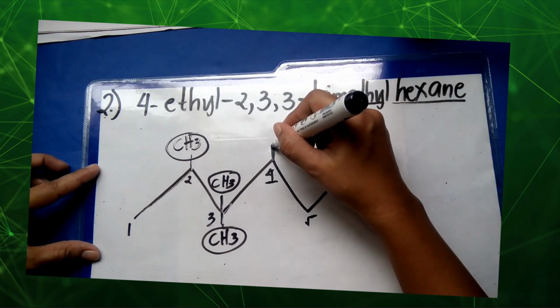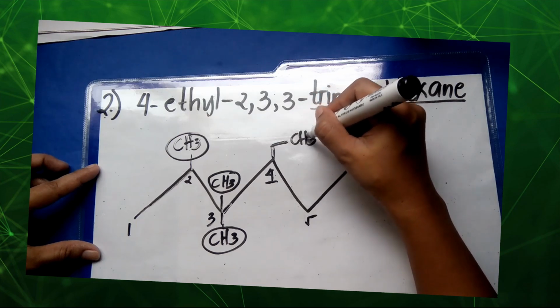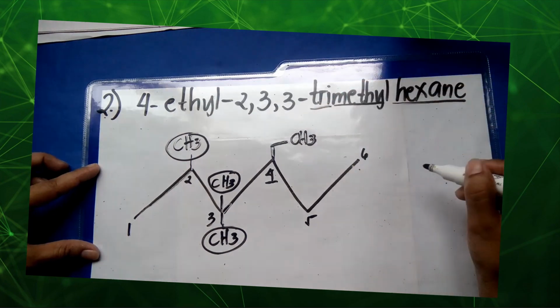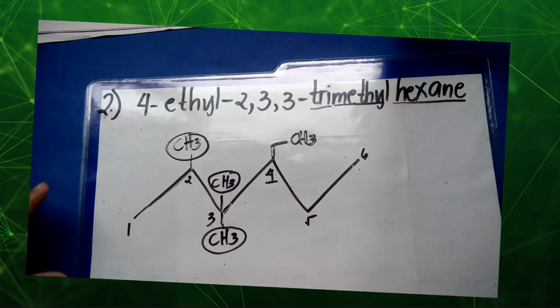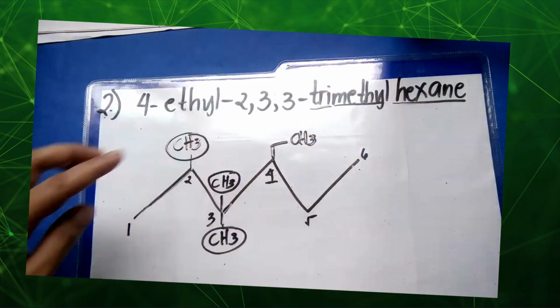So, we have one carbon atom, and then another one. So, saka po tayo maglalagay ng CH3. Okay? So, that is the correct structural formula of 4-ethyl-2,3,3-trimethyl hexane.